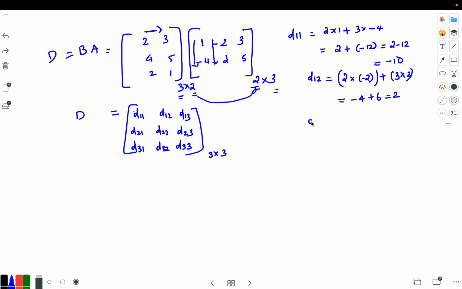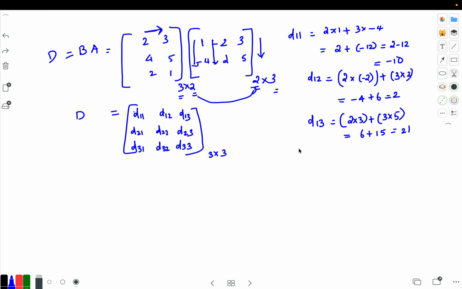Next, D13 is the sum of the products of the first row with the third column, that is 2 into 3 plus 3 into 5, which is 6 plus 15, that is equal to 21.